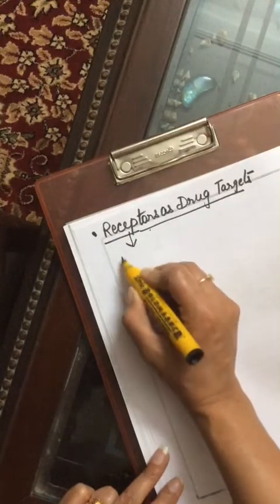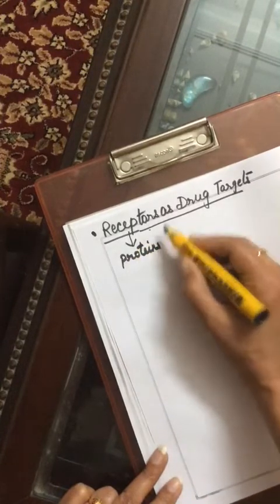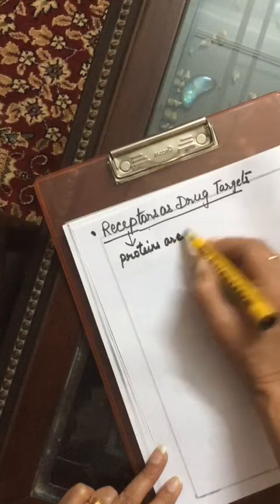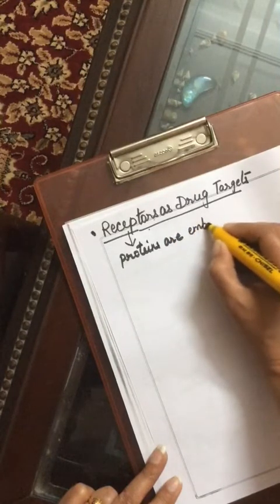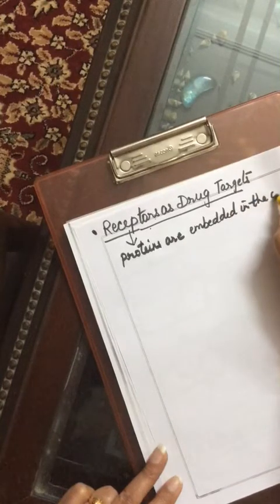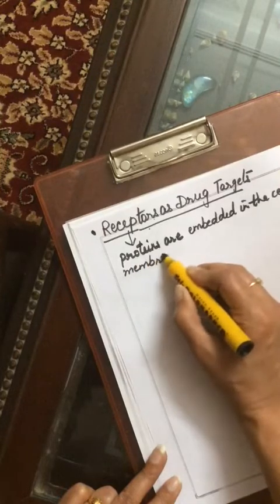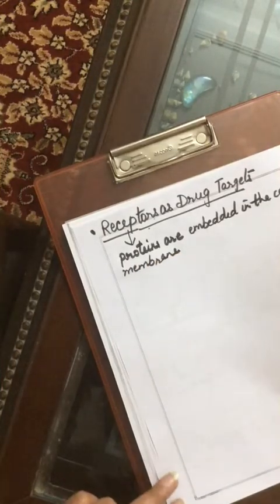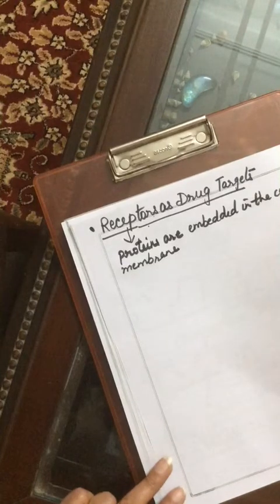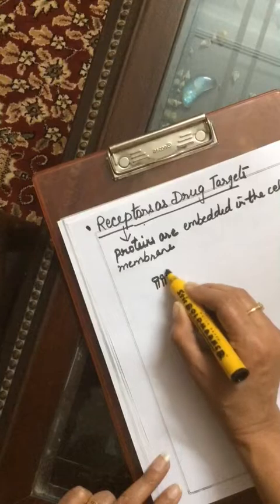Receptors, we have done already, are proteins. And these kinds of receptors are actually embedded in the cell membrane in such a way that the small part which has the active site is projected out of the surface of the cell membrane. For example, this is a cell membrane that I'm drawing.